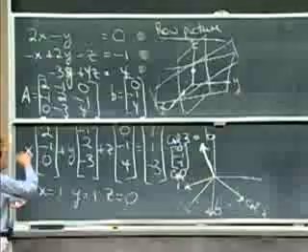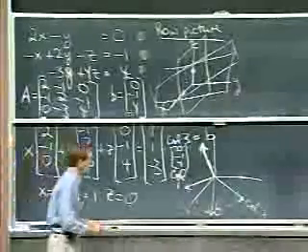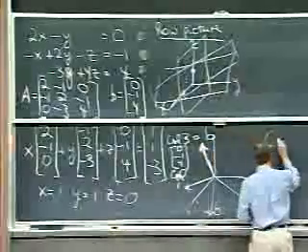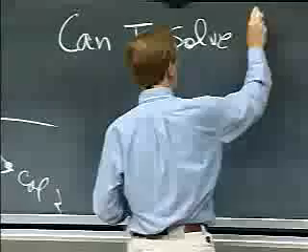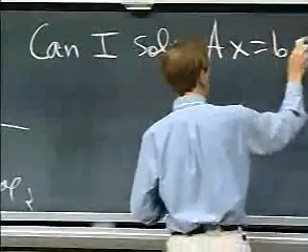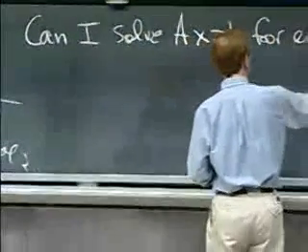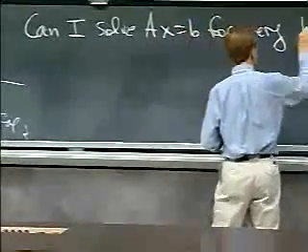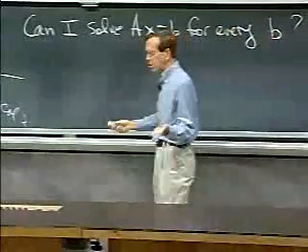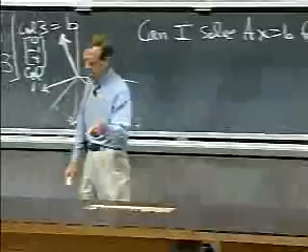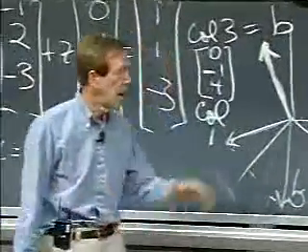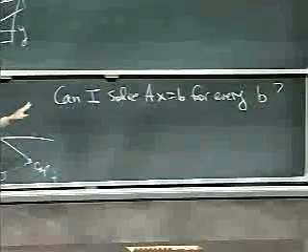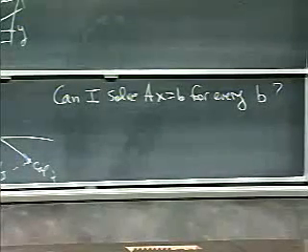Can I solve AX equal B for every right-hand side B? I mean, is there a solution? And then, if there is, elimination will give me a way to find it. I really wanted to ask, is there a solution for every right-hand side?